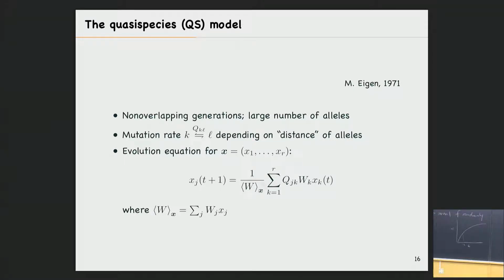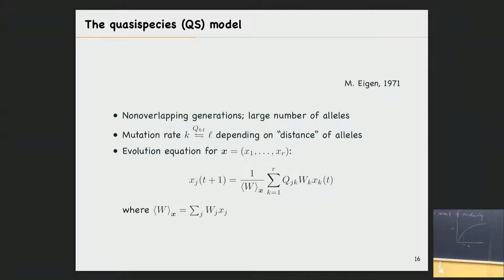Now, sometimes you will find the quasi-species model. The quasi-species model is a mutation-selection model, but in a very large sequence space. So the idea is that you have a sequence which is long. You have a large number of alleles because this sequence can mutate in very different ways.